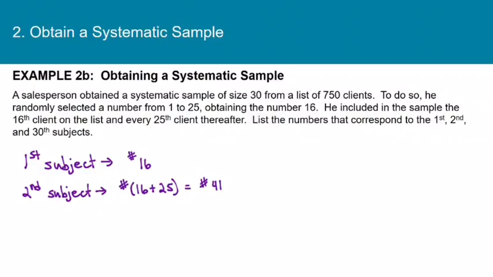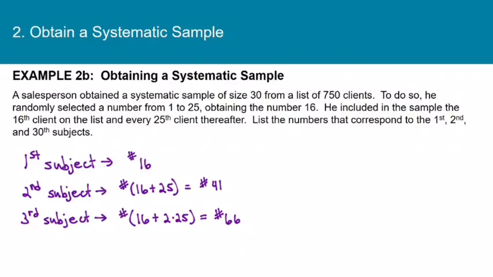So let's just stick with P and K. In order to get the third subject, we need to do number 16 plus 2 25s. So I'll write 16 plus 2 times 25, and that's going to be client number 66. So the third subject in our sample is client number 66.